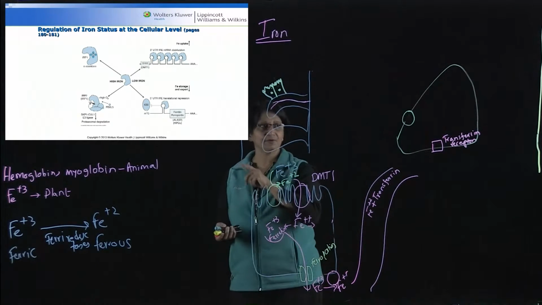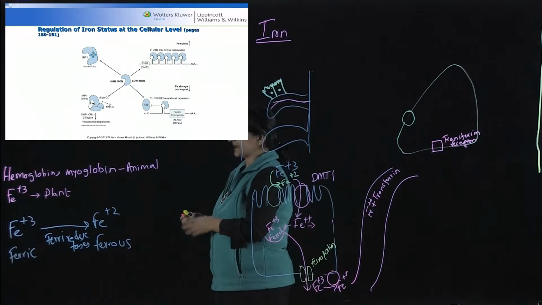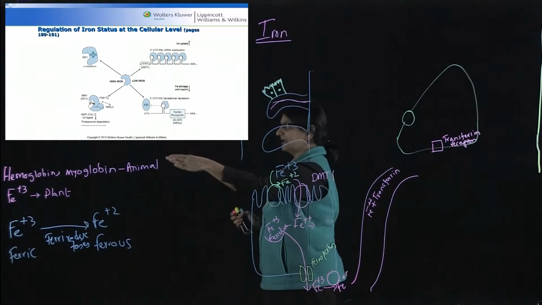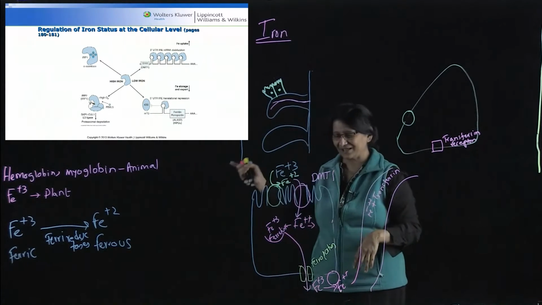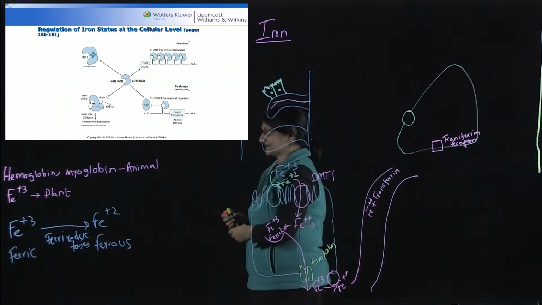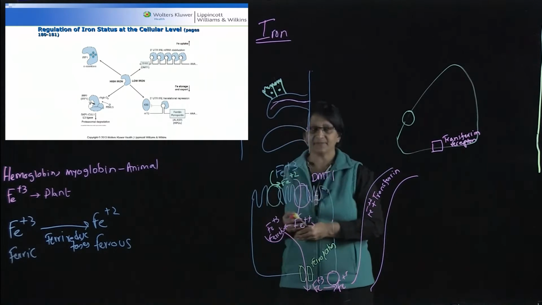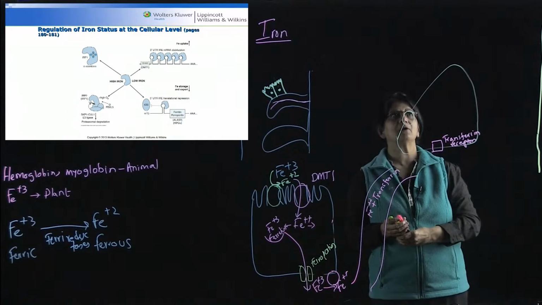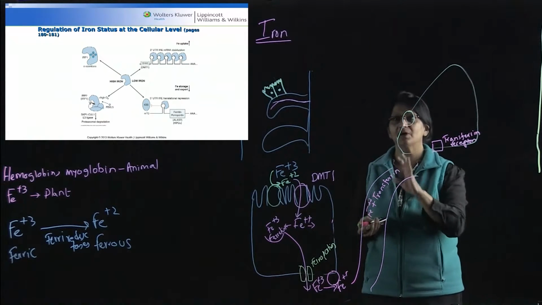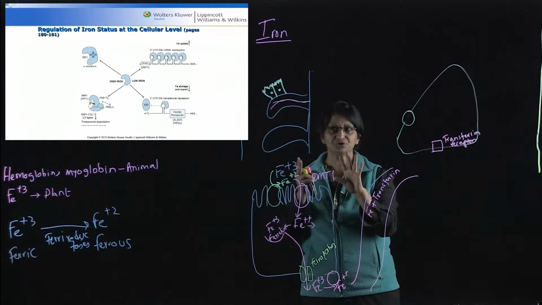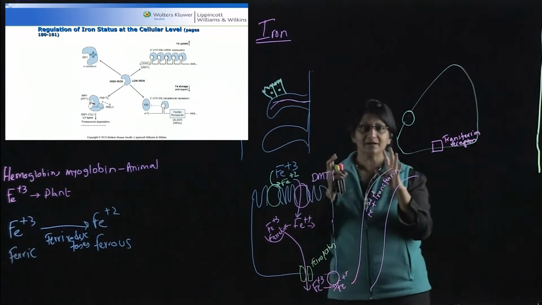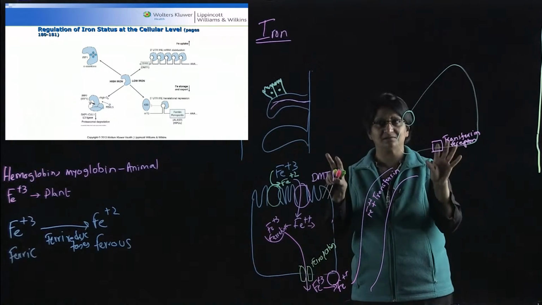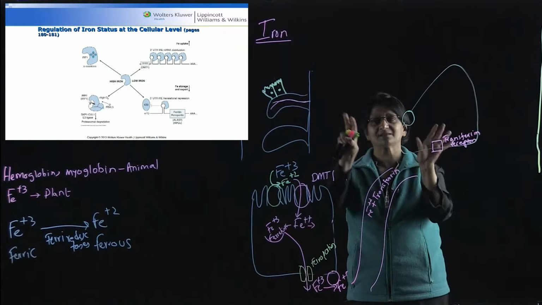So if you look at the slide, I'm focusing on the left part of the slide. If there is a lower amount of iron in a cell, this regulation has to do with how iron levels are managed between cells and within cells.